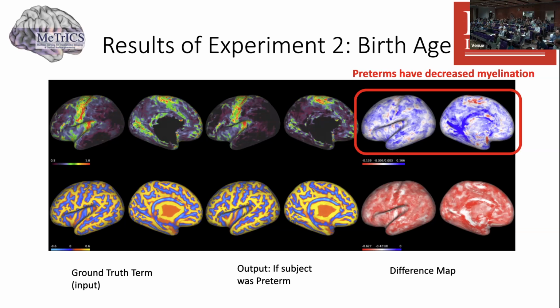And my second question is, really nice results here, but do you think that the GANs having learned from the various birth ages, that data may have influenced what you're producing here? Oh, the variation in scan age, is that what you mean? Yeah.